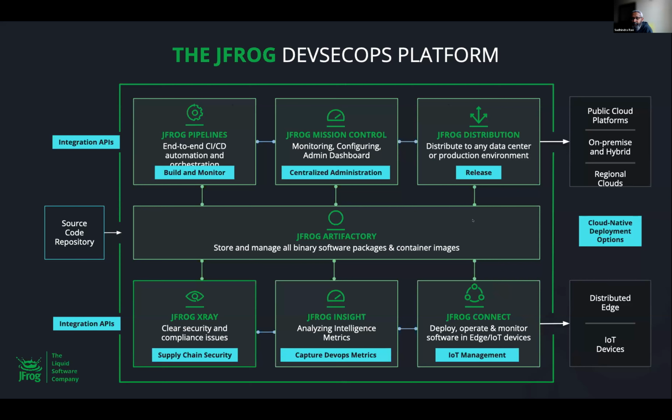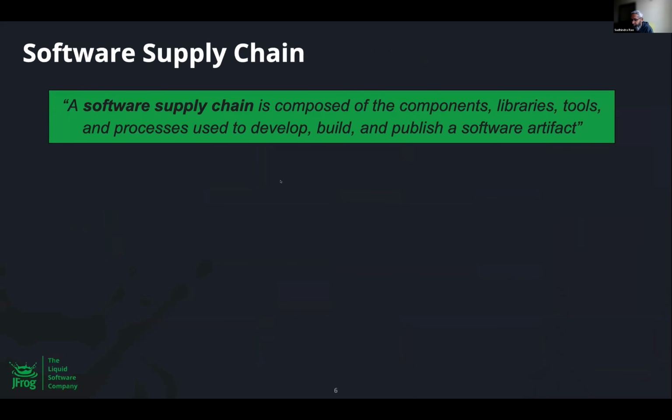And here we are going to demonstrate how we would use what we call a release bundle construct to ship artifacts from a lower environment to a higher environment securely. We support multi-cloud and hybrid as well.